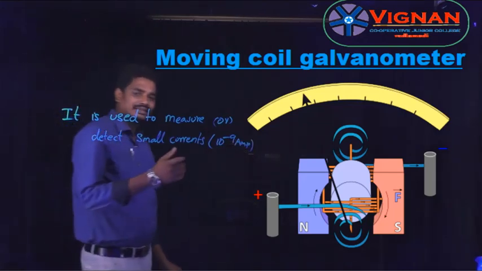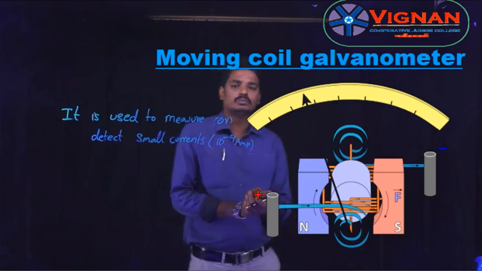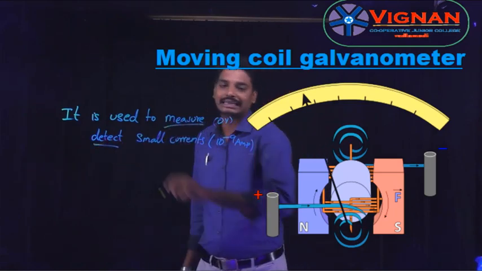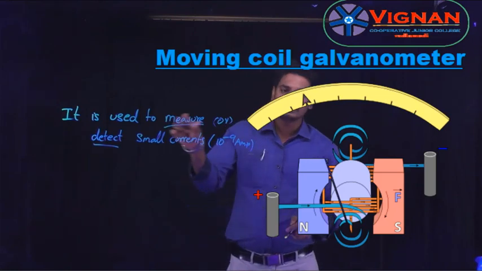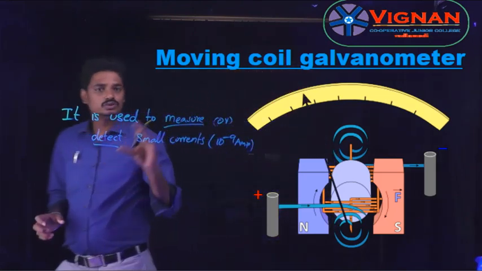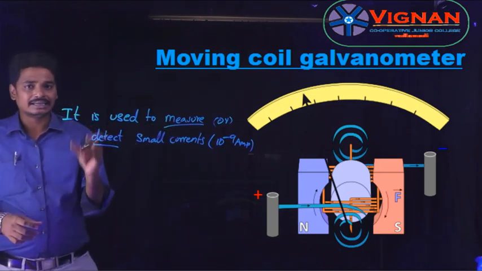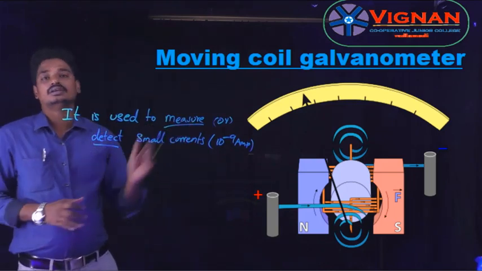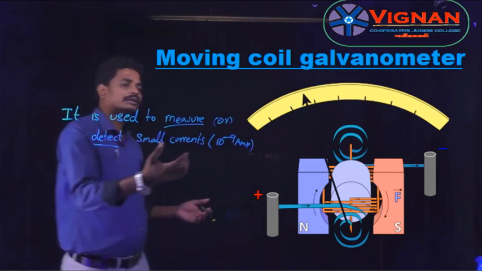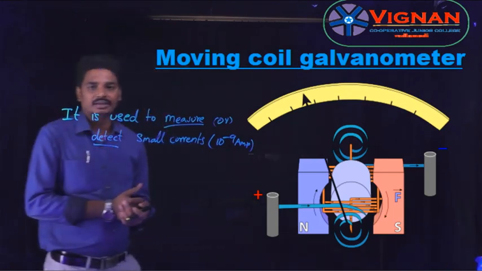So it is a device which is used to measure small currents. It is an instrument used to measure or detect the current flowing in the circuit, of small currents up to 10 power minus 9 amperes.